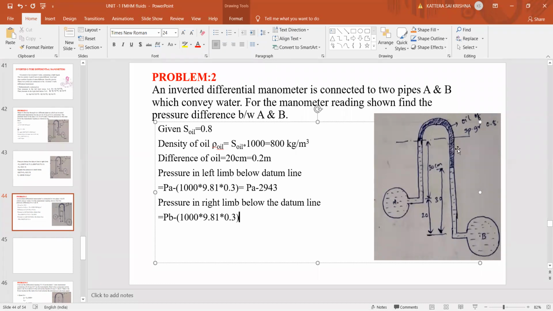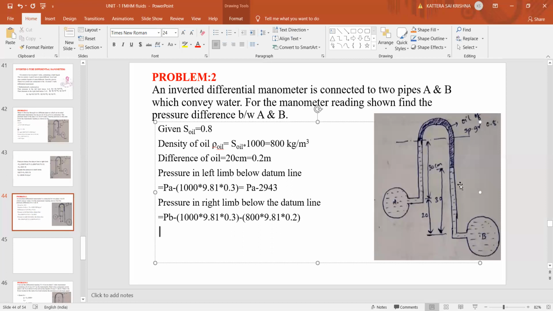PB minus this value, minus the oil term. What is the density of this oil? 800, already calculated: rho into g into h, 800 into 9.81. What is the H value? 0.2 in meters, 20 centimeters.